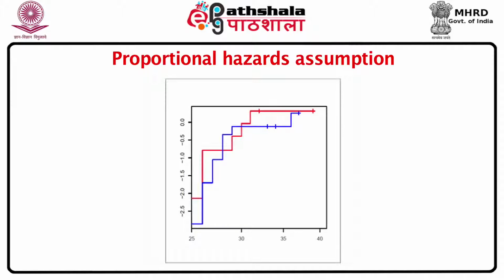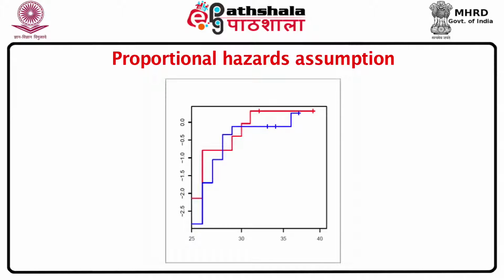Finally, a part of regression model fitting needs to be devoted to checking the very common assumption of proportional hazards. I told you earlier that when we model survival data, the natural function to model turns out to be something called the hazard function. Roughly, the hazard of an event at a particular time t is the chance of that event occurring at time t given that the individual has not experienced the event up to time t.